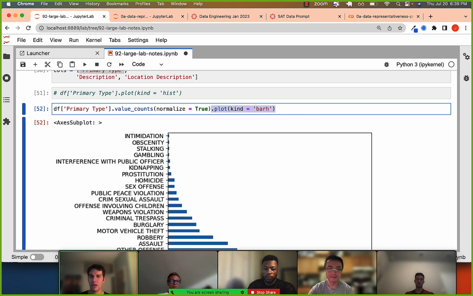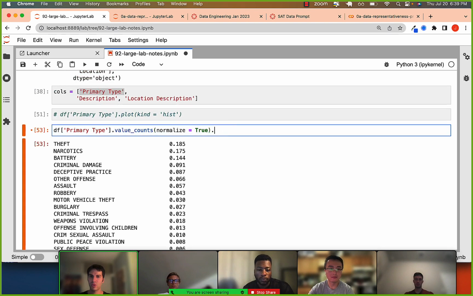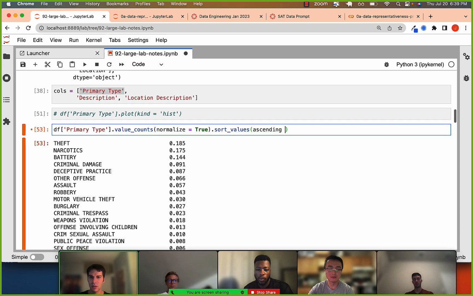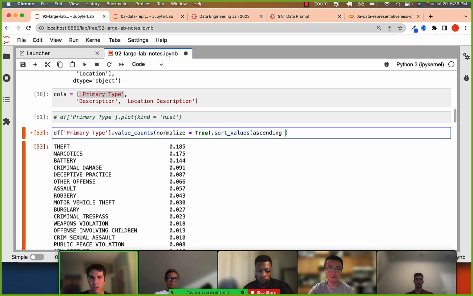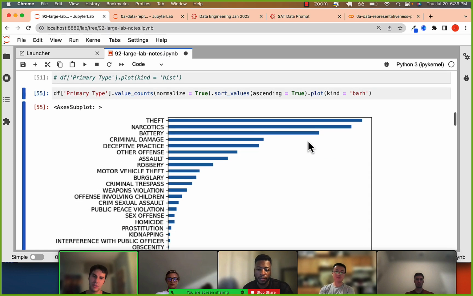In order to do that, let's just do that real fast. I guess we'll just say sort values, ascending equals true, right? And then do plot kind equals barh. We can do that. All right, this is a little bit better.